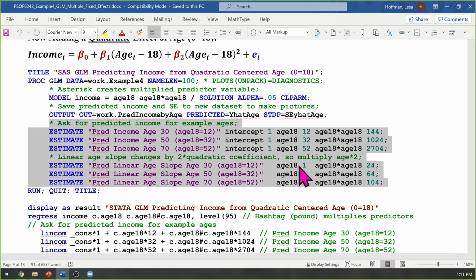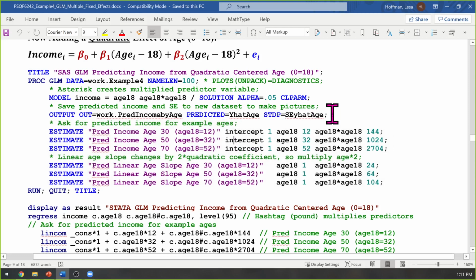I try to give you ammunition by which to live your life, but I didn't want to require too much in one setting. And by the way, all of this code right here, this output out thing, you don't need that either. What that does though is save pieces of output either that are part of the results as tables or that I'm asking it to generate behind the scenes as SAS data sets.